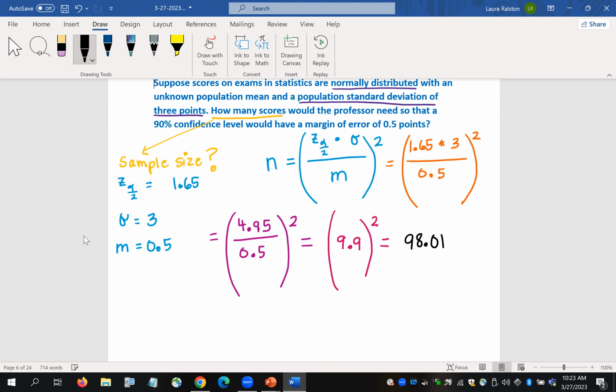Okay, it is a decimal value. We're always going to round up, so we're going to round to 99. My answer would be the teacher would need 99 scores so that she would have a margin of error of 0.5 points.